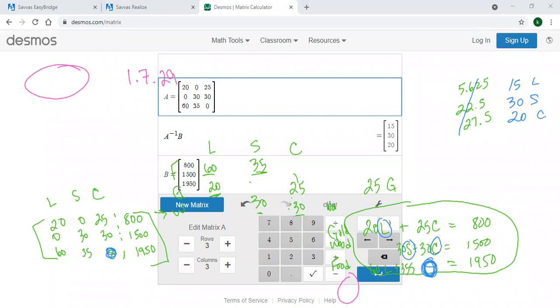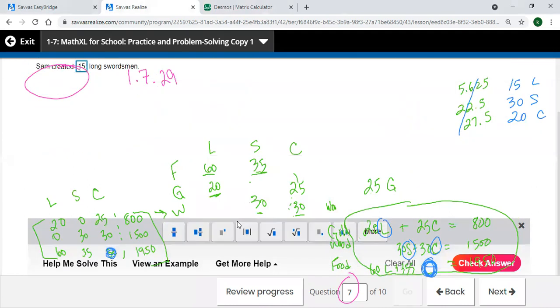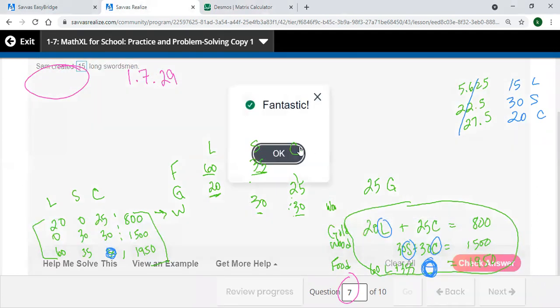All right, so continuing back to enter those answers. I think we found the mistake. So the long swordsman instead should be 15. Check that one, that sounds more right.